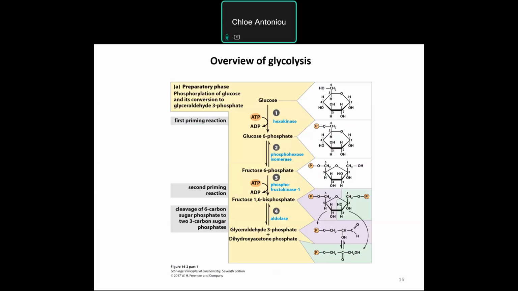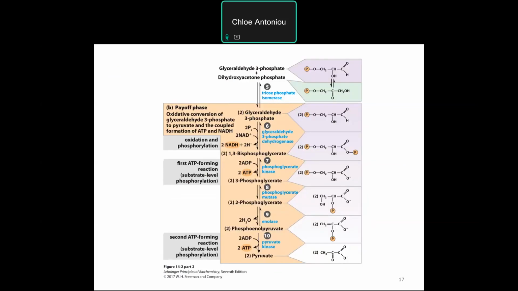But after this, everything happens twice for every molecule of glucose. Because you see in the bottom, we have glyceraldehyde 3-phosphate, which continues with the pathway, but we have dihydroxyacetone phosphate, DHAP, which gets converted to glyceraldehyde 3-phosphate to continue with the pathway. So everything on the next slide happens twice for every molecule of glucose.